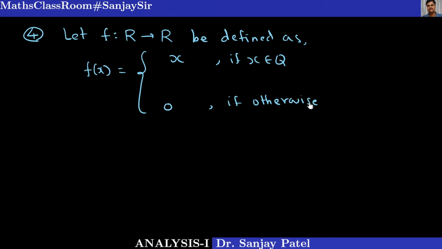So the function takes the value 0 when the argument is irrational. It takes the same value as x if x is rational. So discuss continuity and types of discontinuity for this function.